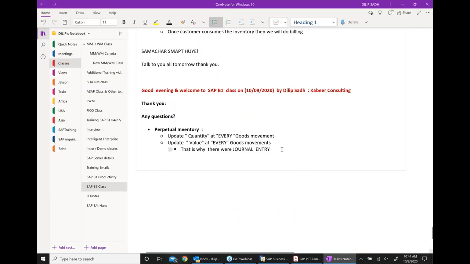So in case of non-perpetual inventory, update only quantity at every goods movement. Okay.